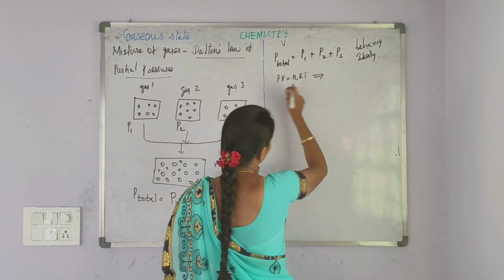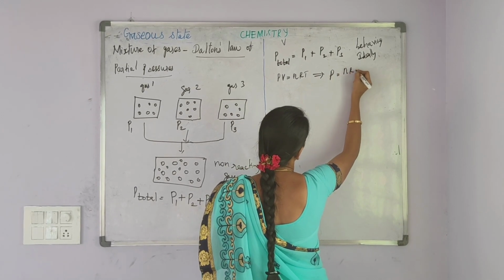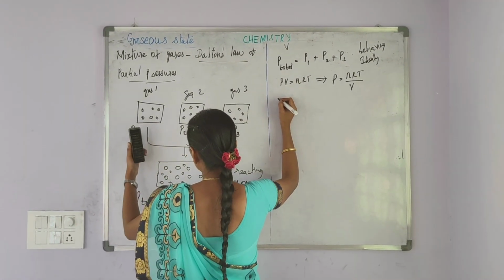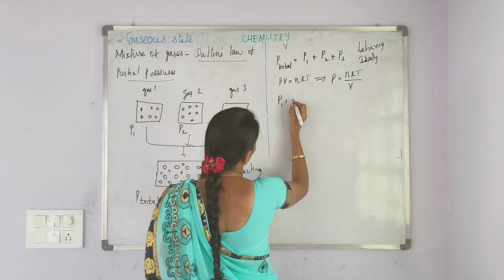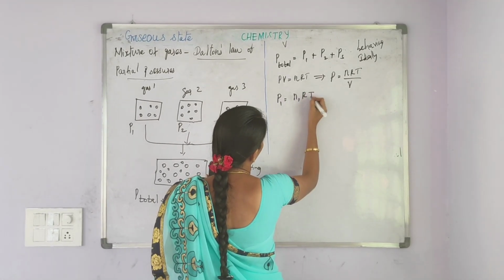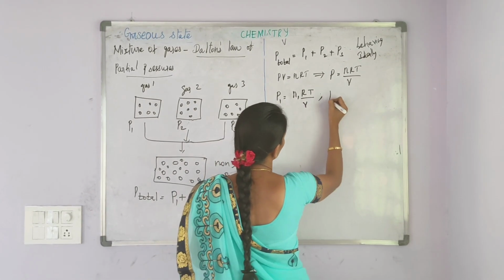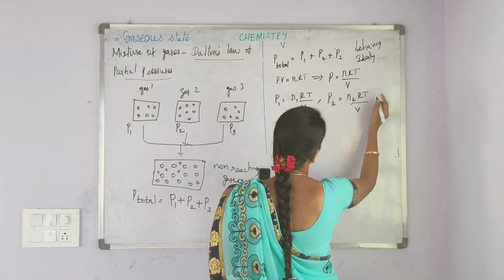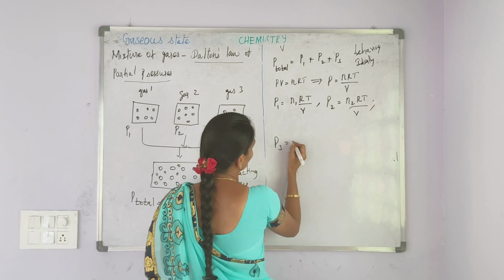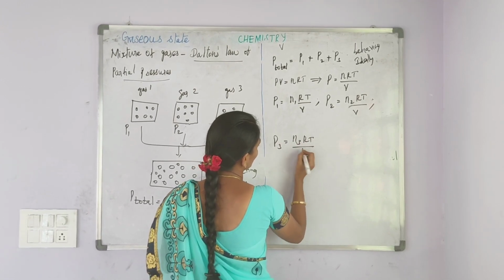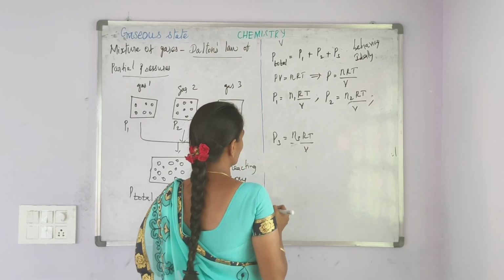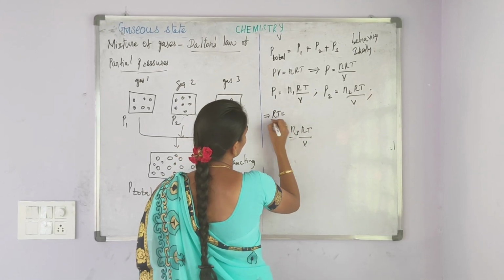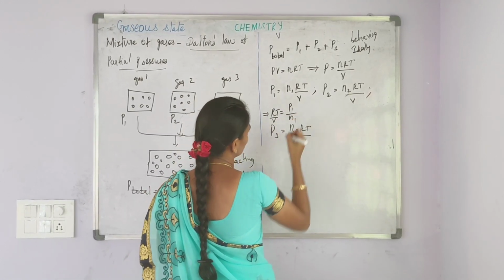We want to find the pressure, so P is equal to nRT divided by V. For gas 1, its pressure is P1, so P1 is equal to n1 RT divided by V. P2 is equal to n2 RT divided by V. And P3 is equal to n3 RT divided by V.